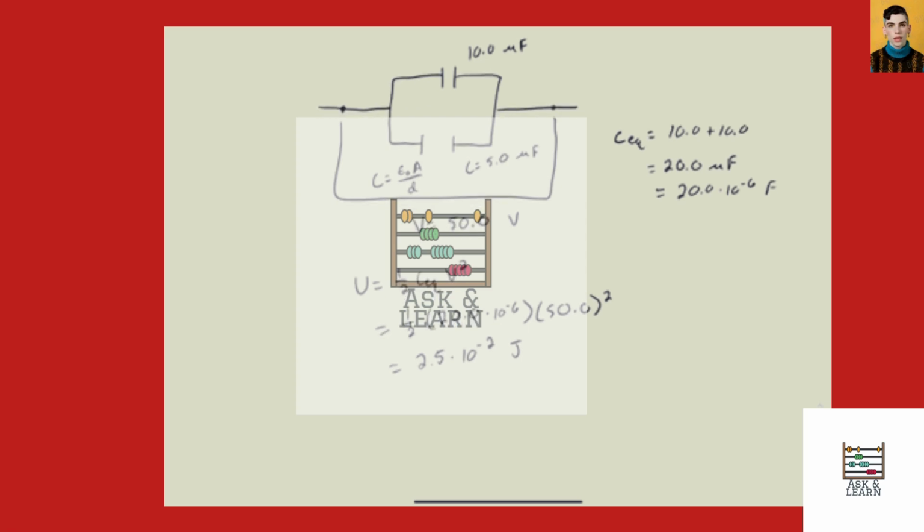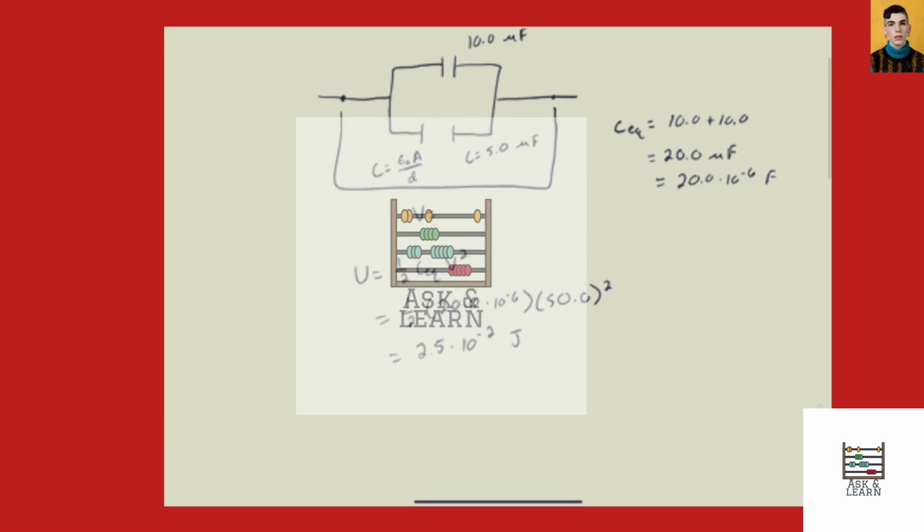And now we want to find this voltage, which is no longer 50. So we know that we have to have the same amount of charge even when we double the separation distance of the capacitor.